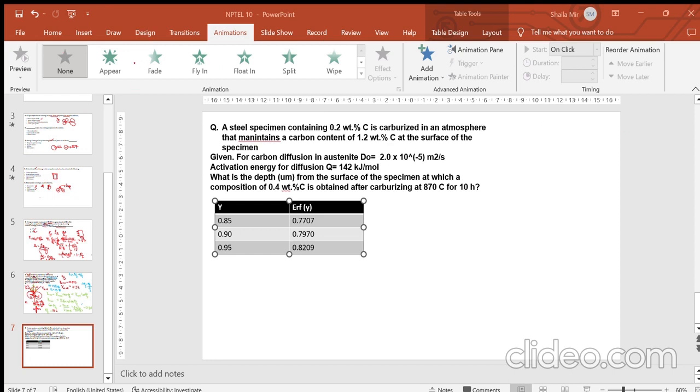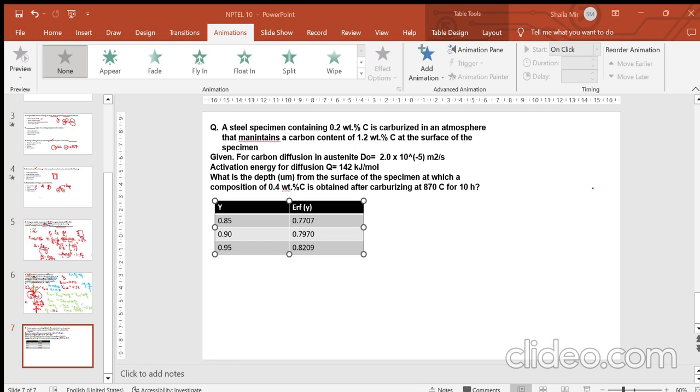And then you are given that for carbon diffusion in austenite, D naught, the diffusion coefficient, is 2 into 10 to the power minus 5. You are also given the activation energy value, and now you have to calculate the depth from the surface of the specimen at which a composition of 0.4 weight percentage is obtained after carburizing at certain times. Because there is a gradient, there will be different concentrations inside the material.